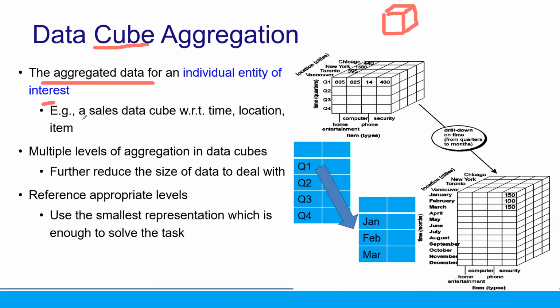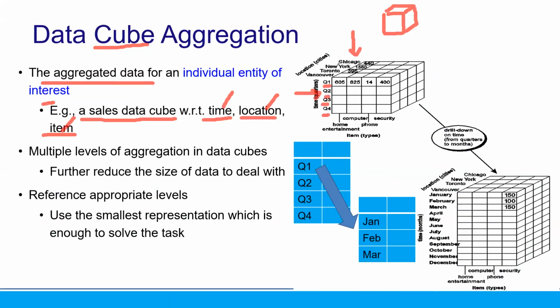Let's suppose we have a sales data cube, and we have three different attributes: time, location, and item. Time is based on quarters: Q1, Q2, Q3, Q4.